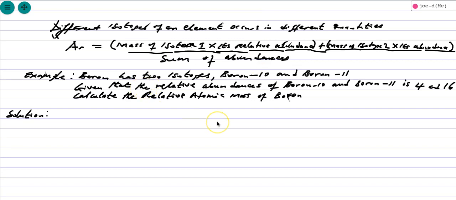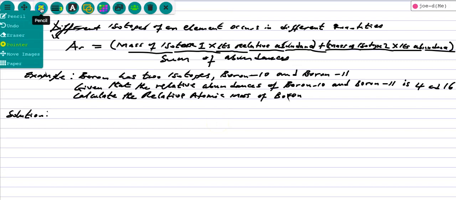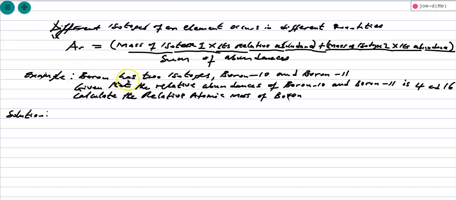Let's look at an example here. So here we've got boron. Boron has two isotopes, boron-10 and boron-11. Now, given that the relative abundances of boron-10 and boron-11 are 4 and 16, calculate the relative atomic mass of boron.